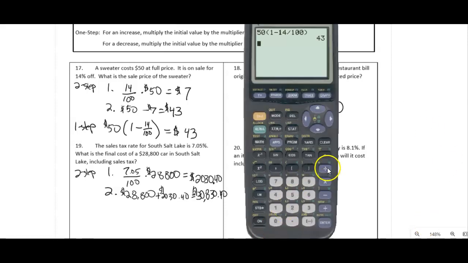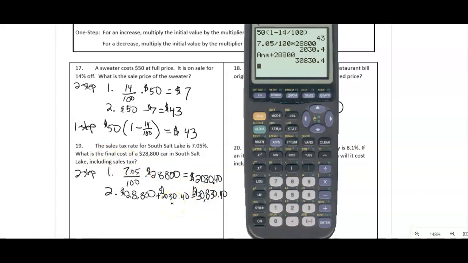Let's verify that information. 7.05 divided by 100 times 28,800. And that added to the original 28,800 gives us the after tax, or including sales tax, price of this car.